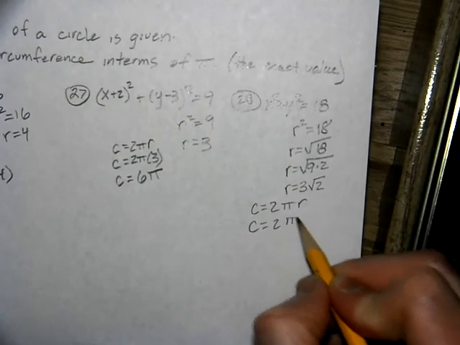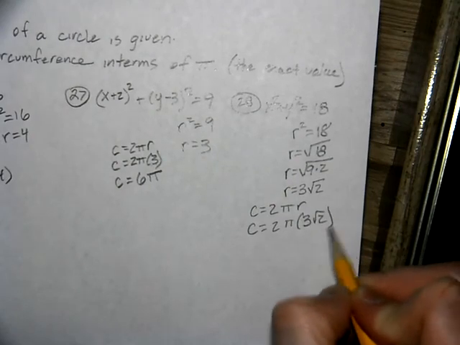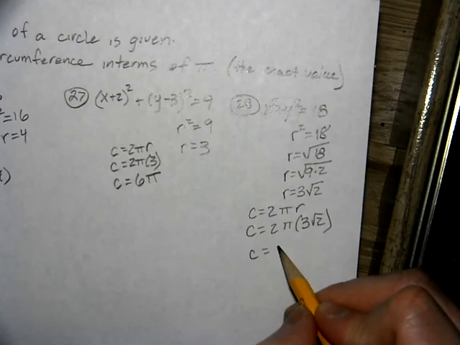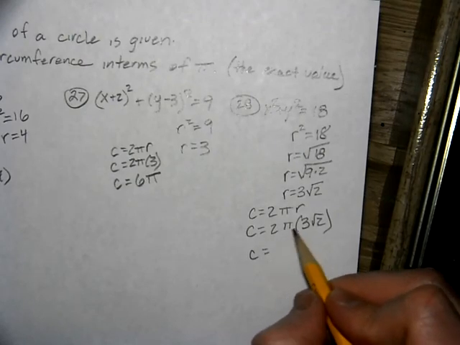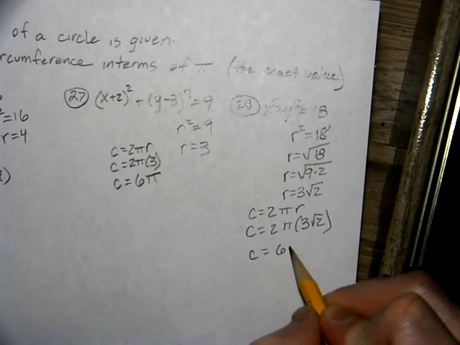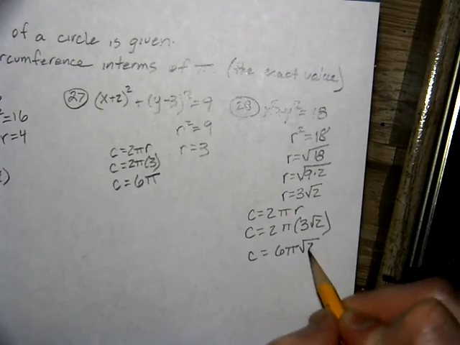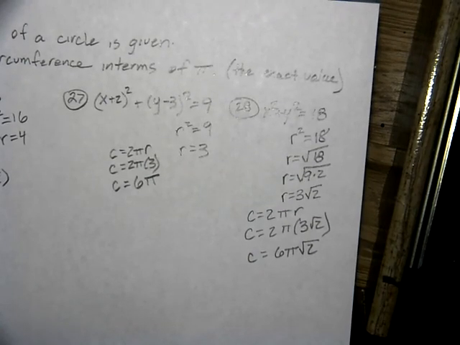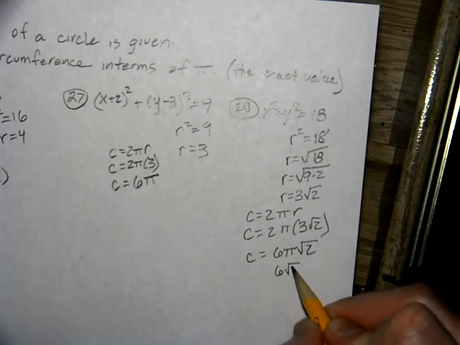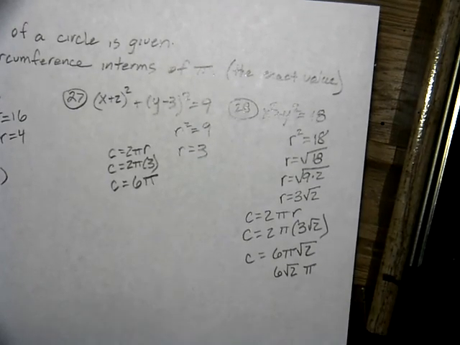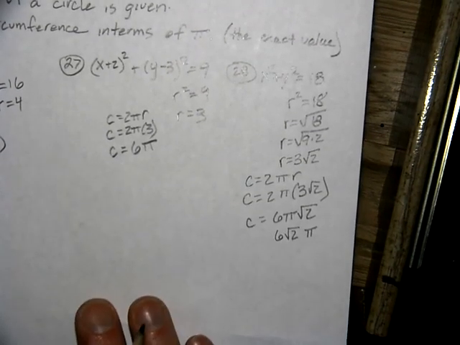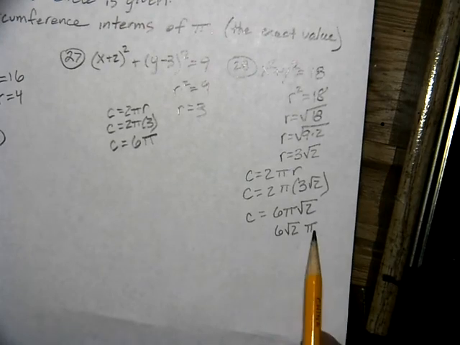So 2 times pi times 3 root 2. That gives us 6 pi root 2. Sometimes you'll see it written as 6 root 2 pi. It's not that the pi is inside the radical, but it's your number followed by pi.